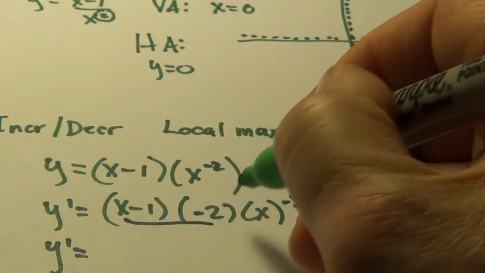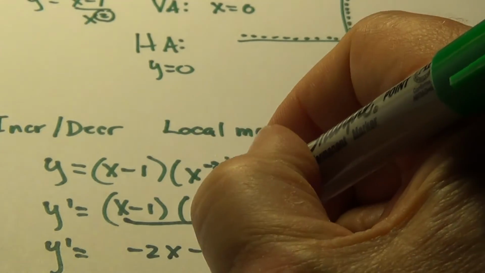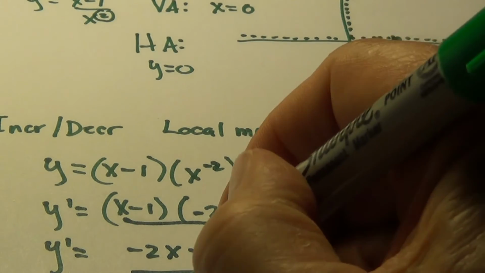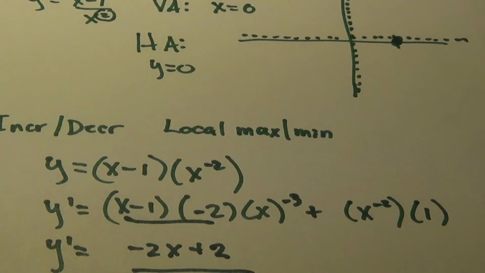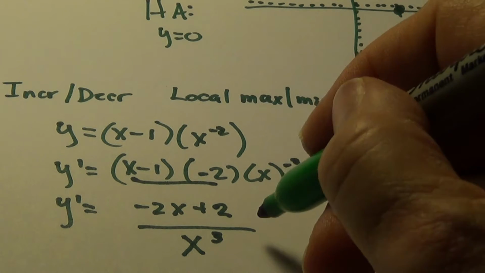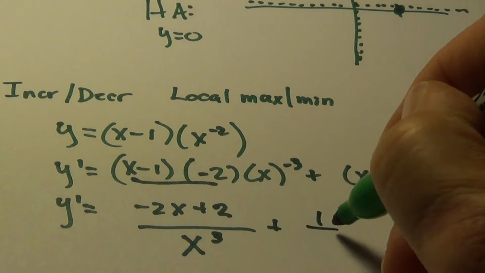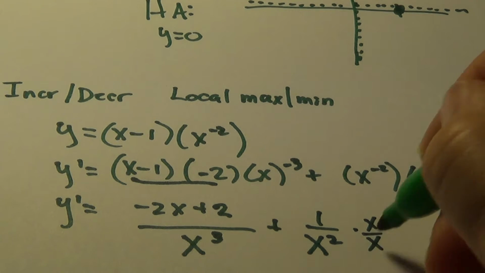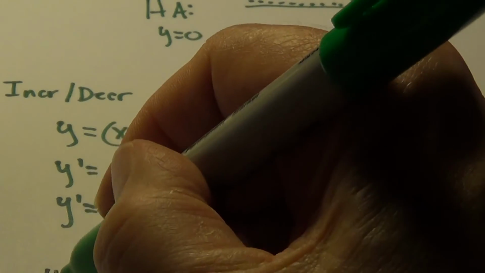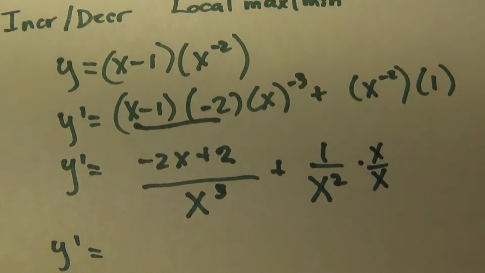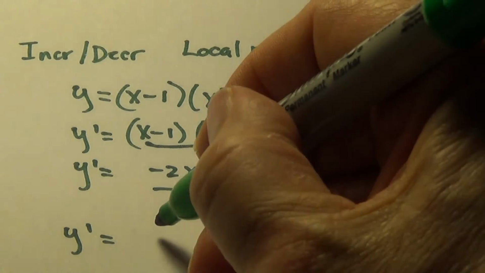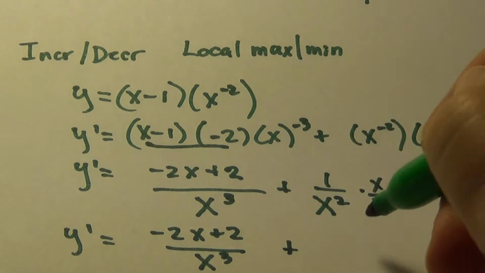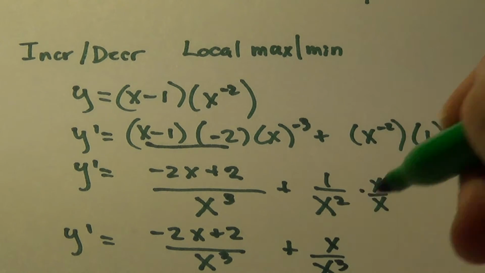So I'm going to distribute the minus 2 to the x and the minus 1. And this x to the minus 3 I'll put in the downstairs position. And then this equals 1 over x squared. I prefer one term over 2, so I'll give it a like denominator. All part of the cleanup process. So when I do that, I'm going to get minus 2x plus 2 over x cubed plus x over x cubed.